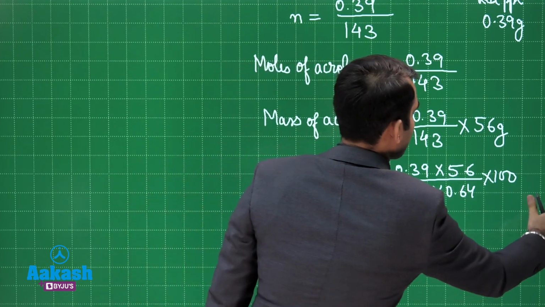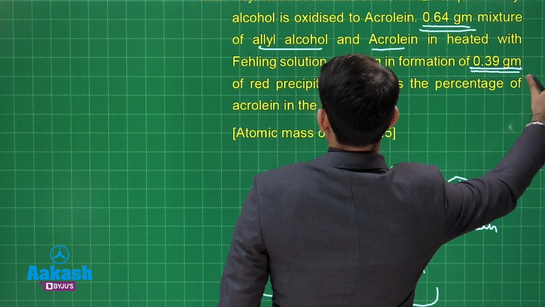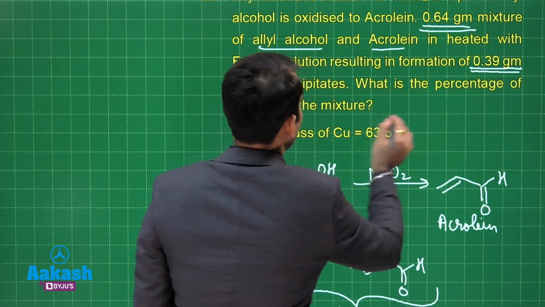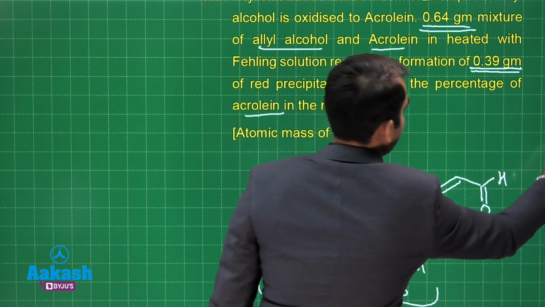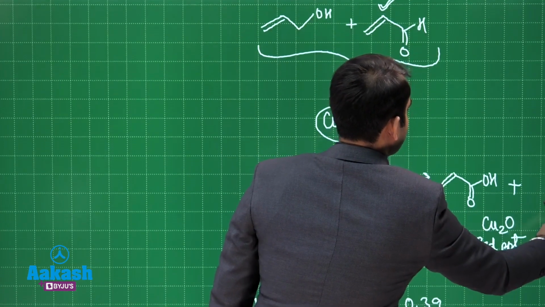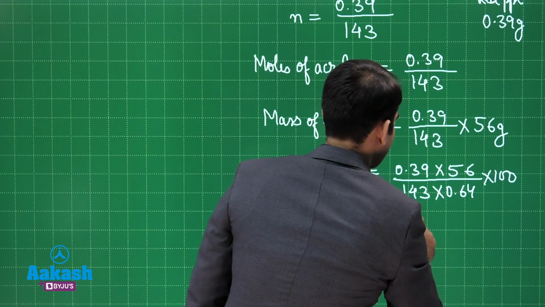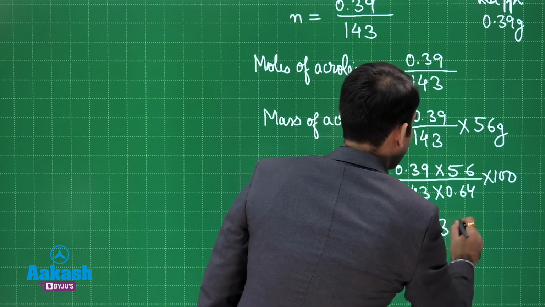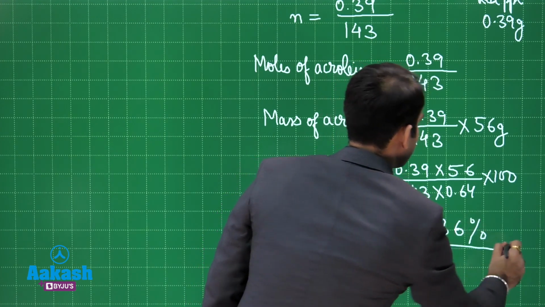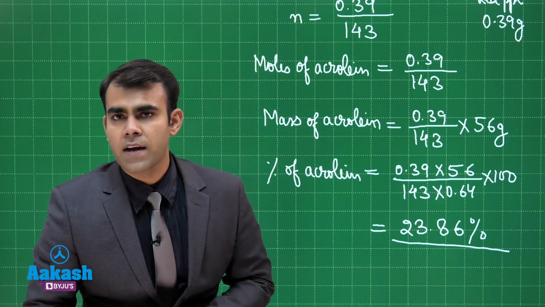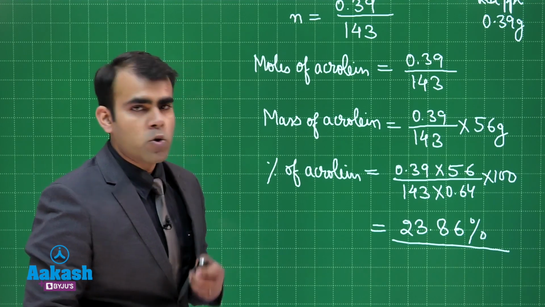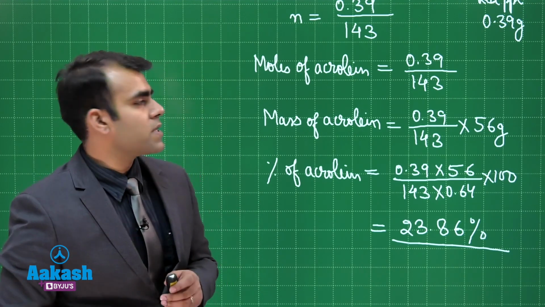And when we do the calculation, we have to calculate only the percentage of my acrolein sample, and this comes out as 23.86%. So this is my final answer.